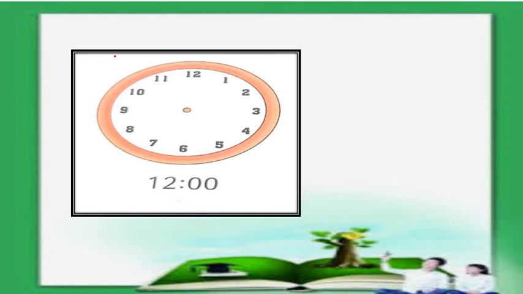Now draw the clock. Write numbers 1 to 12 on its face. Make sure that you leave some space between two numbers.